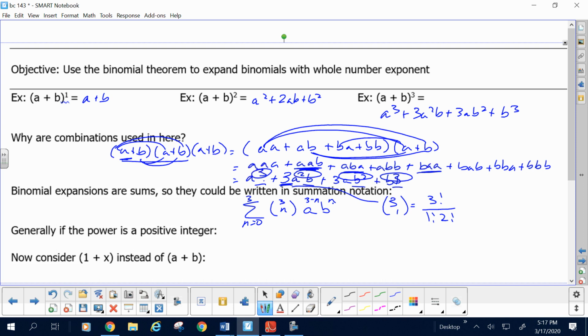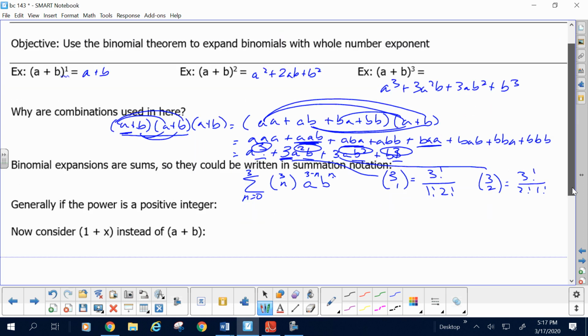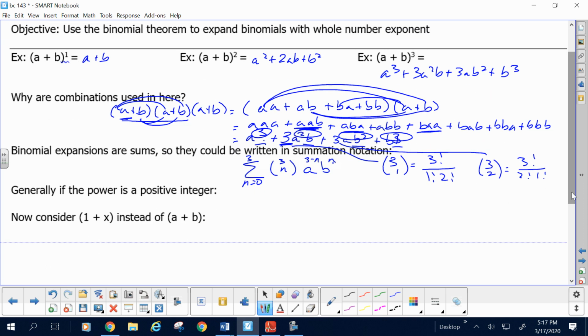That's how we get a 3. This came from 3 choose 2, which is 3 factorial over 2 factorial 1 factorial. So combinations, all right?